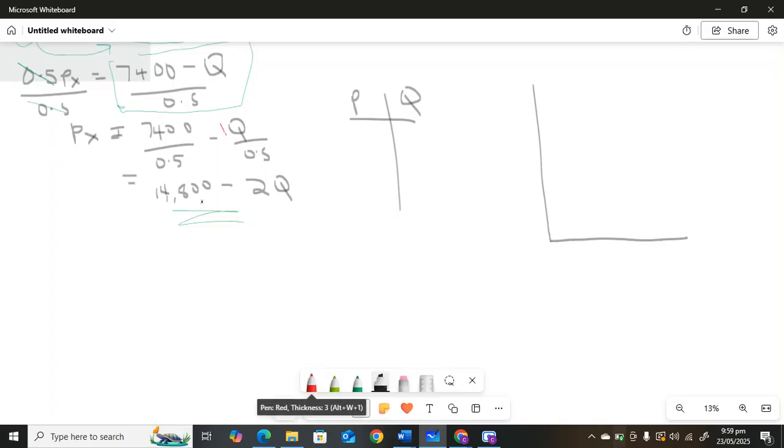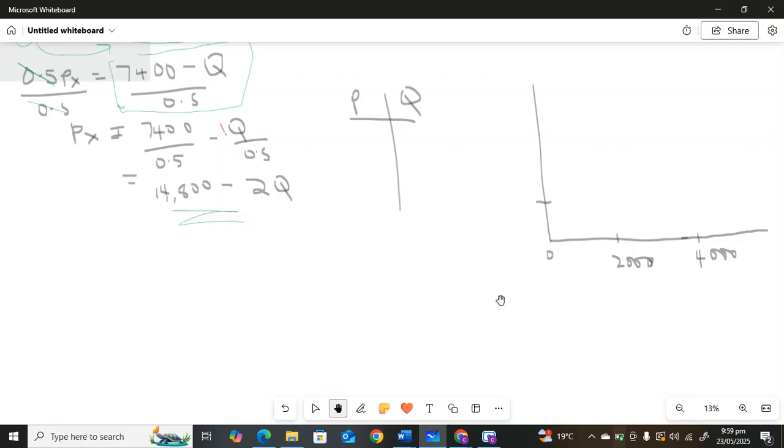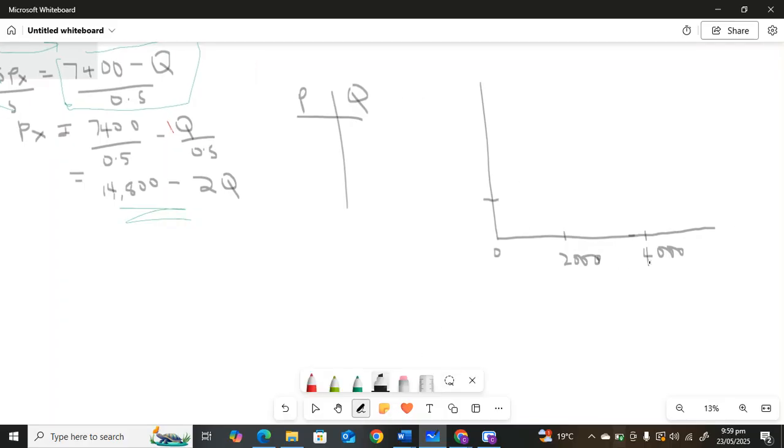Since it's 14,800, we'll put them in units of 2,000. So good X here: 0, 2,000, 4,000. Let's see, in twos: 2, 4, 6, 8, till we reach 14. 6,000 here.